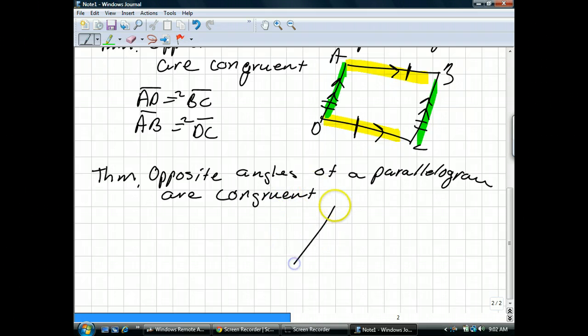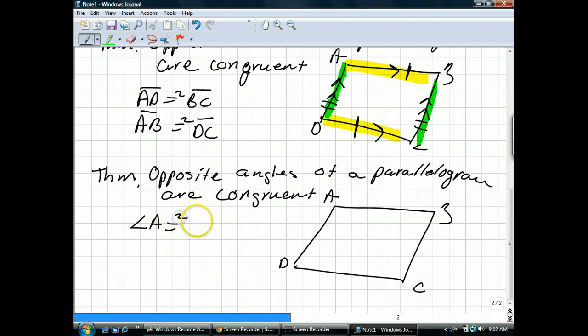Okay, so again, if I have my parallelogram ABCD, then this theorem says that angle A must be congruent to angle C, because those are the opposite angles, and that angle D must be congruent to angle B. It's supposed to be a B. So opposite angles are congruent.